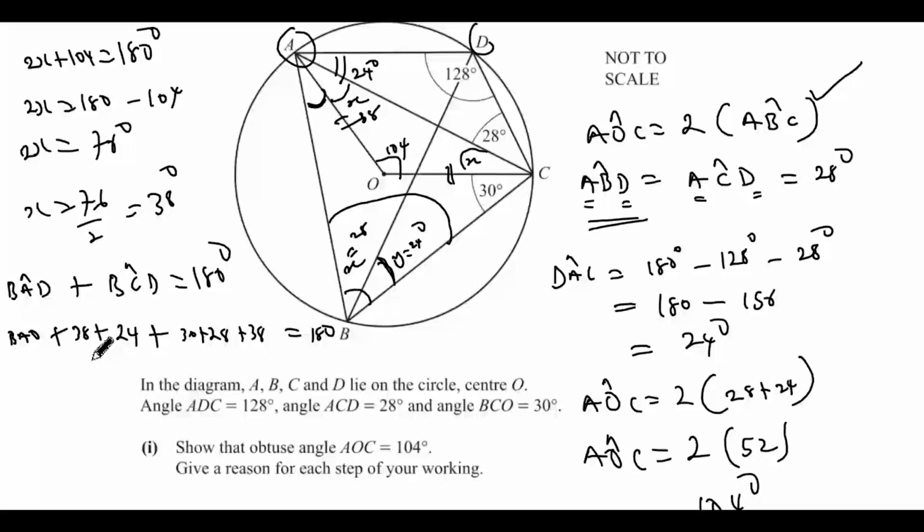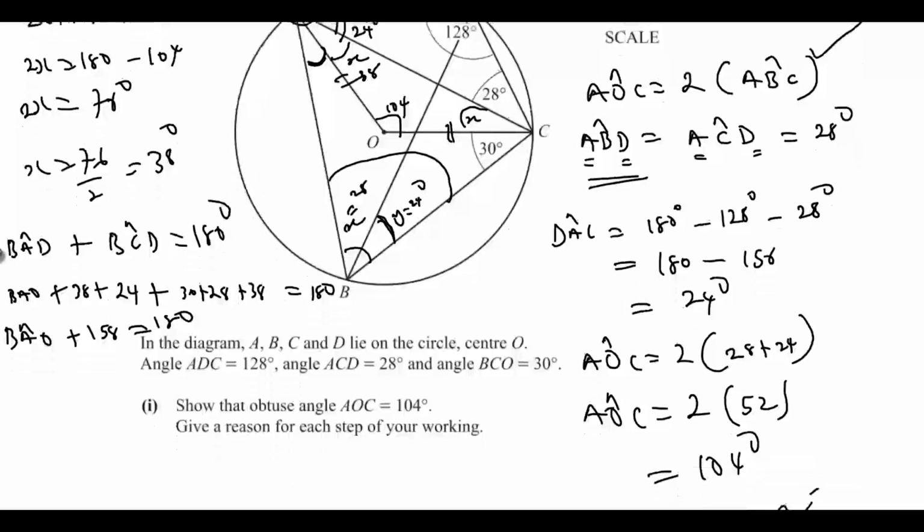So if you add all these numbers together, 38 add 24 add 30 add 28 add 38, you should get 158. So that means we are left with BAO plus 158 equal to 180 degrees. The reason I didn't scroll down is for you to see the diagram very well to understand the solution.